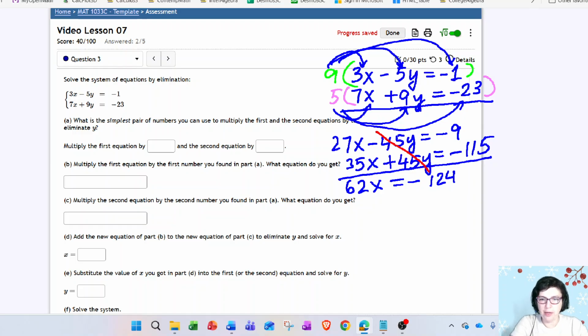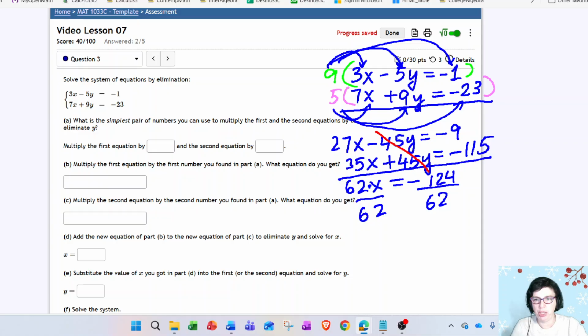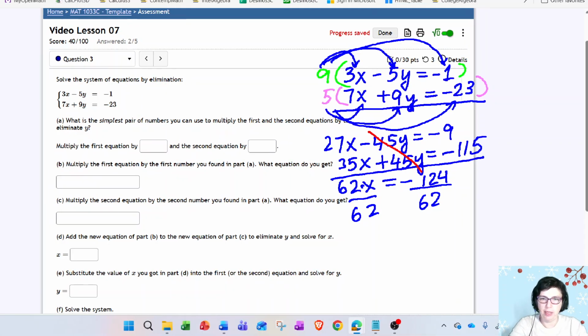And then finally, we'll get rid of that 62. So we're going to have to divide both sides by 62. Remember, this operation is multiplication. So to undo the multiplication, you're going to divide. And then 62 and 62 will cancel. And so you're going to wind up with x equals, and then here we'll get negative 2.